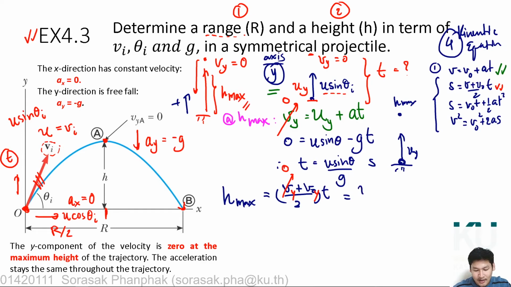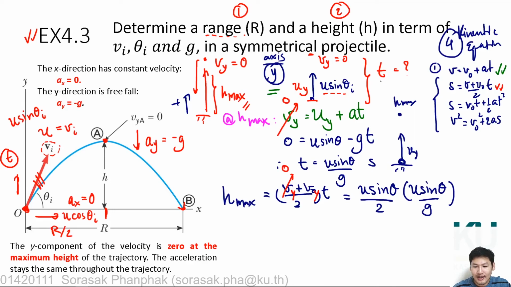So you get u sine theta over 2, multiplied by your time, another u sine theta over g.